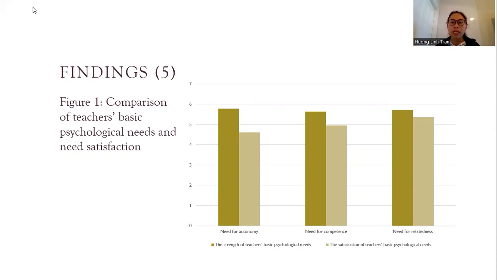However, this gap is less pronounced when it comes to the need for relatedness. Only a small gap is identified here, so teachers' need for relatedness is nearly fulfilled by teaching, while their need for autonomy was not fulfilled or not met by their teaching experience.